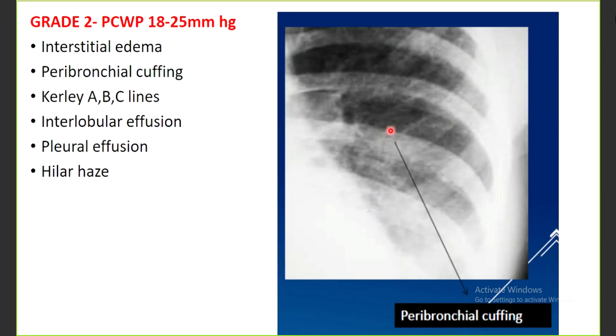It is actually due to interstitial edema, and this suggests that the pulmonary capillary wedge pressure or the LA pressure has moved from 15 to 20. Also, if you see curly A, B, or C lines, it also suggests that the pulmonary capillary wedge pressure corresponds to about 20.